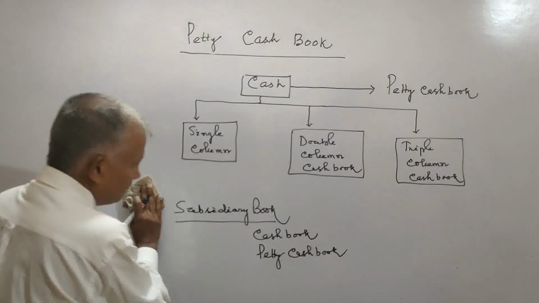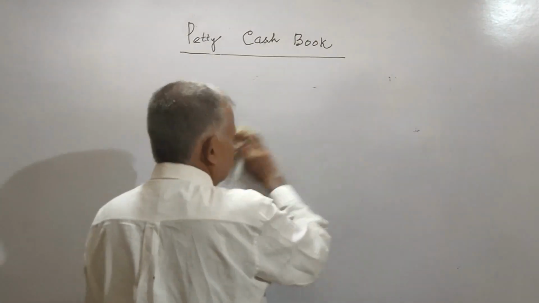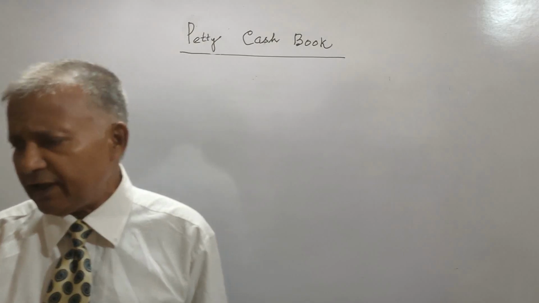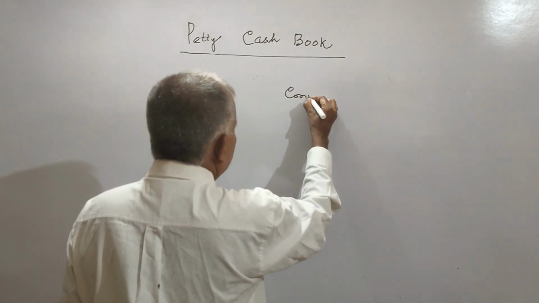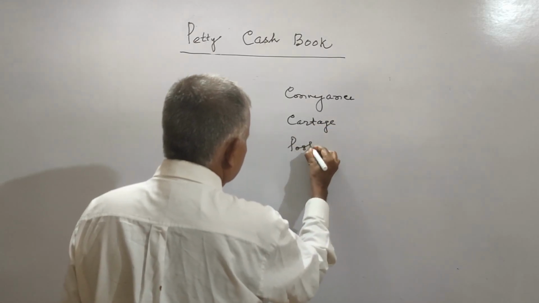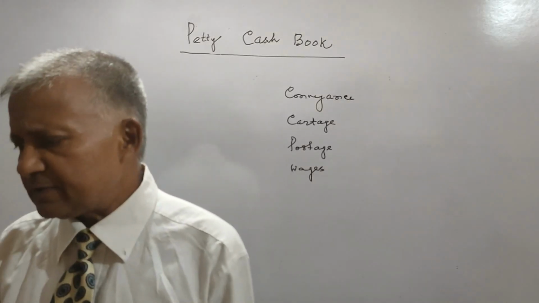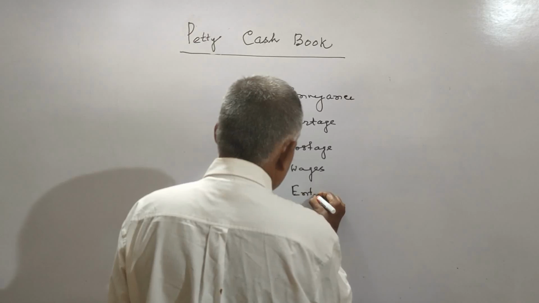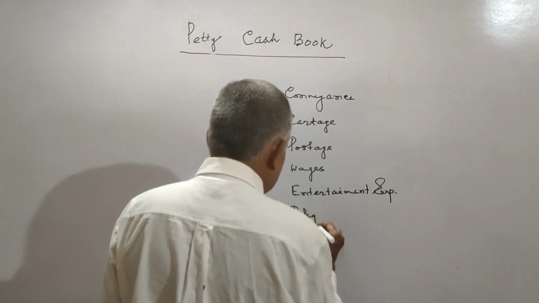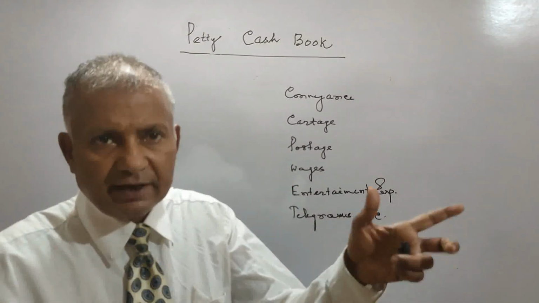So let us come to the nature of petty cash book. Generally, in the payment side of the cash book, we record the conveyance, cartage, postage, wages, entertainment expense, telegram, etc. These are all expenses which are repetitive in nature.